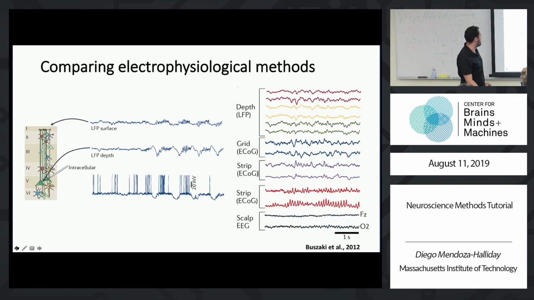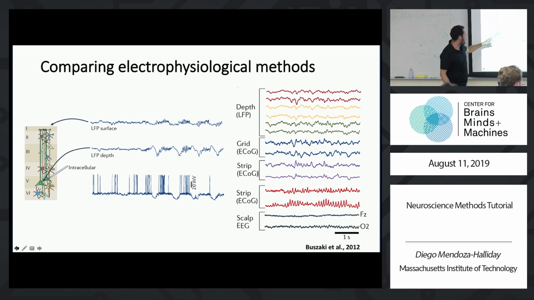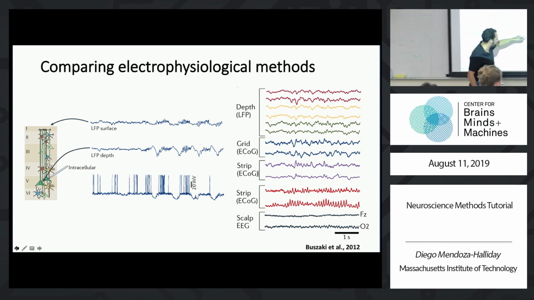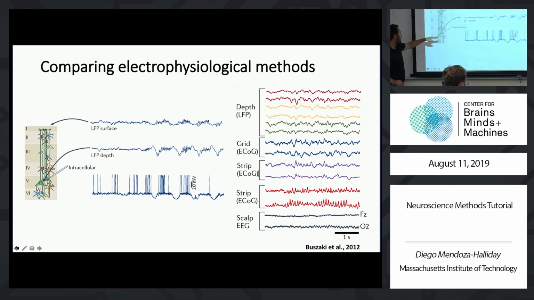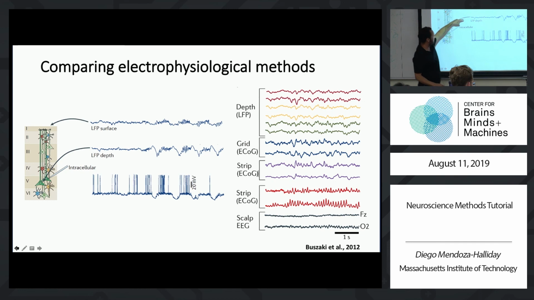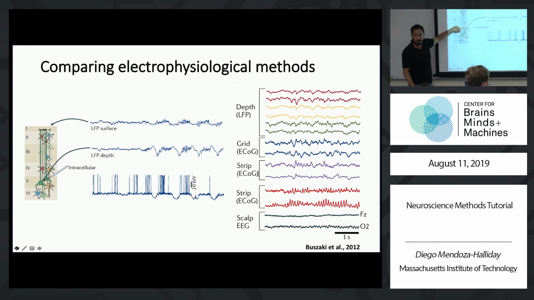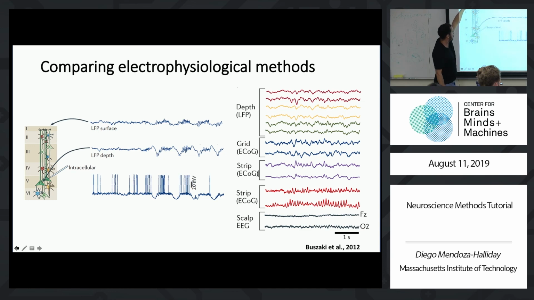So actually this is nicely explained in this paper by Buzsaki and colleagues from 2012, where they record from different levels, different parts of the cortex, and they can show you what intracellular recording looks like with all its action potentials, and what that would look like in local field potentials recorded from a deep electrode, and then if you were to put an electrode on the surface, what the same thing would look like.